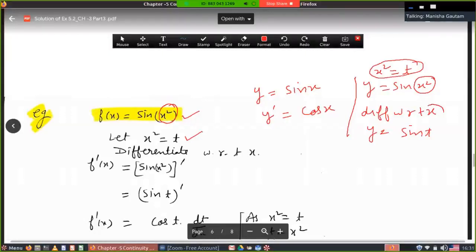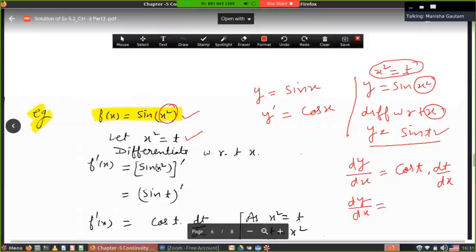Differentiating with respect to x, but here t is given. So how do we do the derivative of the function? Then dy upon dx will be the derivative of sine, which is cos, but it is not x, it is t. So the derivative of this t will also come in. If you apply it this way, you will get cos of t into the derivative of t. Cos of t means cos of x square, and the derivative of t, that is the derivative of x square, is 2x. It means the answer will be 2x into cos of x square.